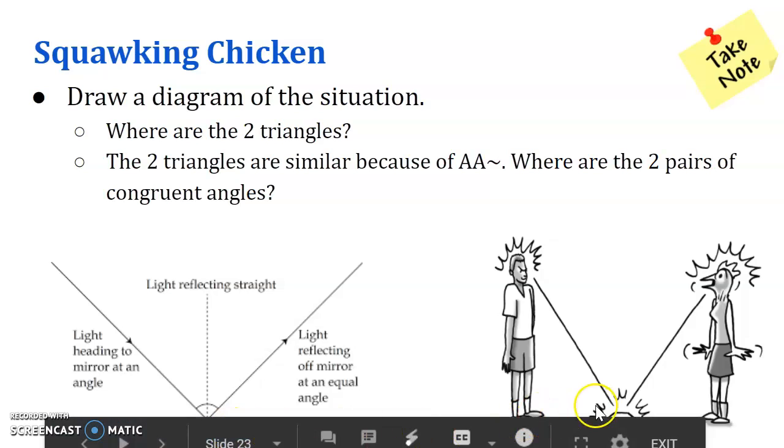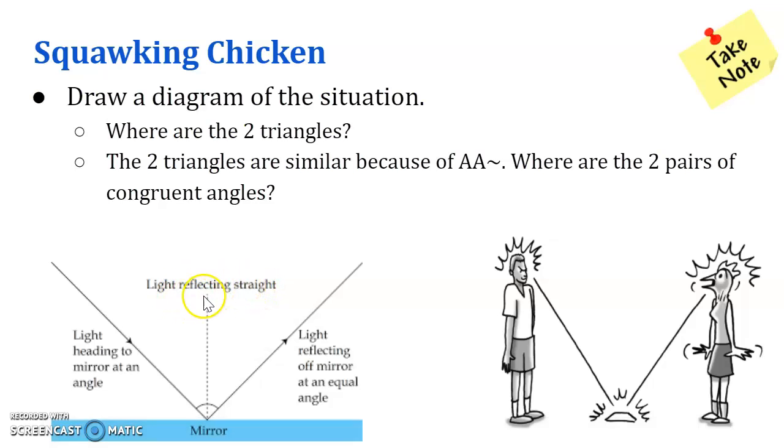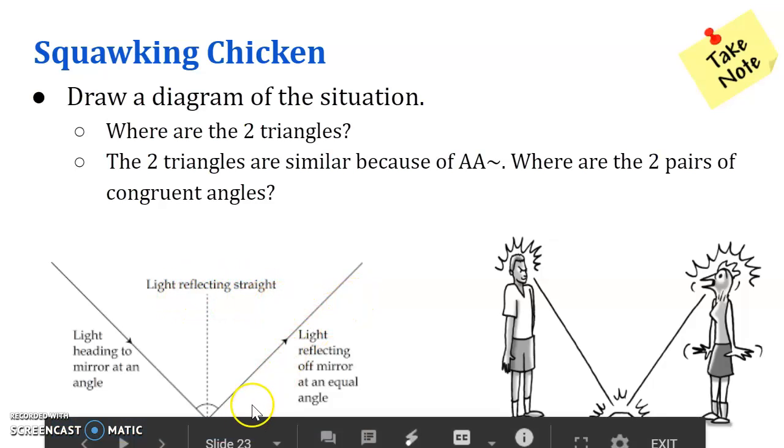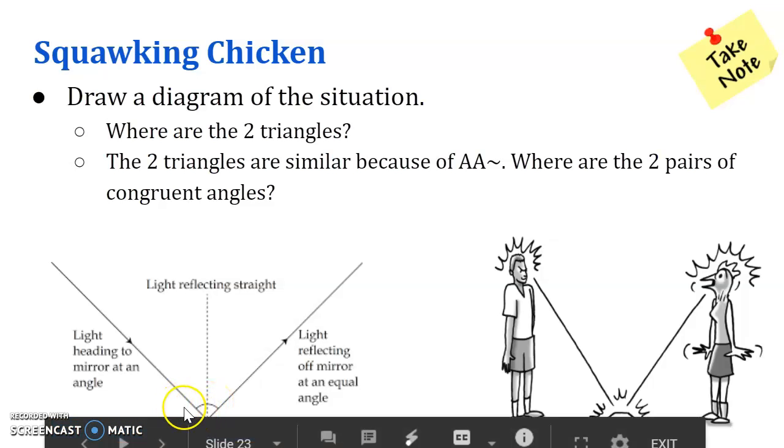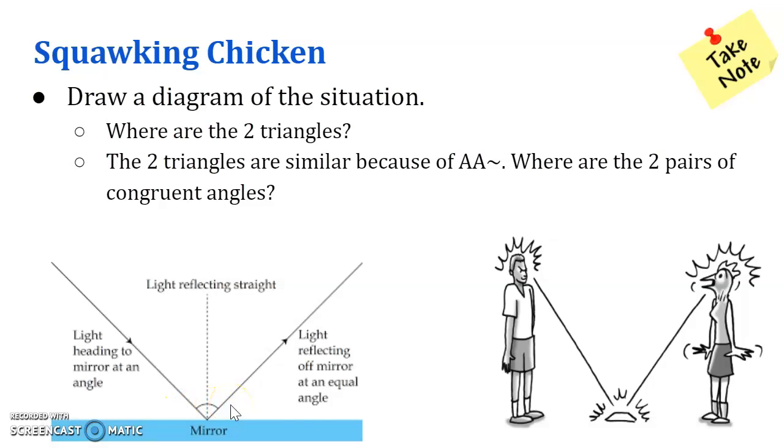Well, it turns out that there is a mirror right there, and the property of light says that light reflects at the exact same angle it comes in. So heading into the mirror at an angle will reflect at the same angle. This angle and this angle are going to be the same, which means this angle and this angle are also going to be the same.